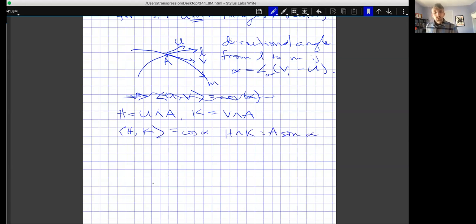Okay, so in particular, if that's going to hold, then this inner product had better be strictly less than 1. And that's actually exactly what verifies that two geodesics intersect in the hyperbolic plane.